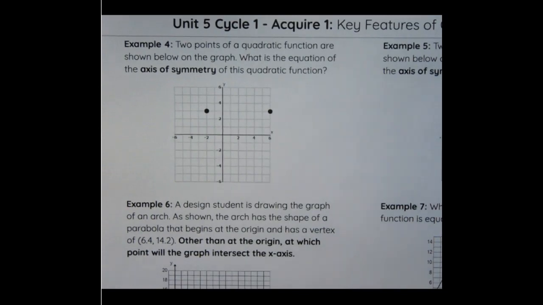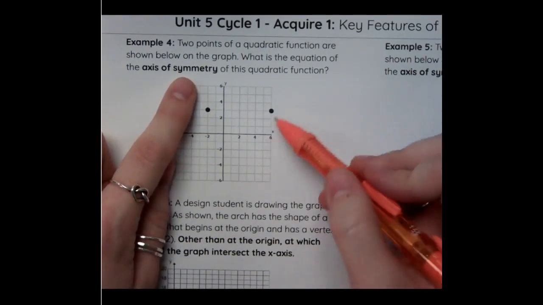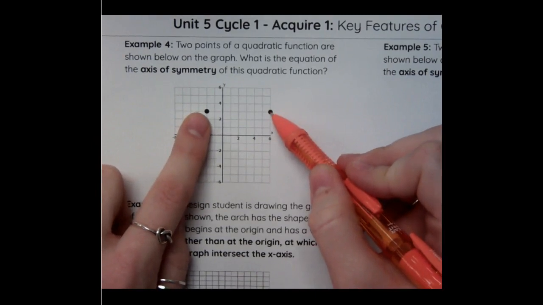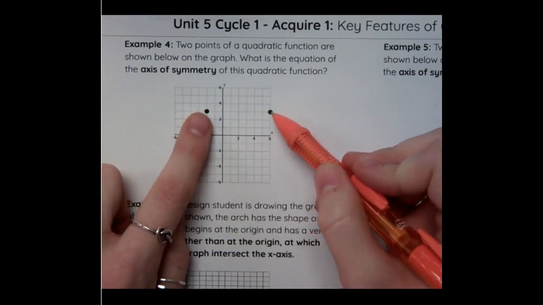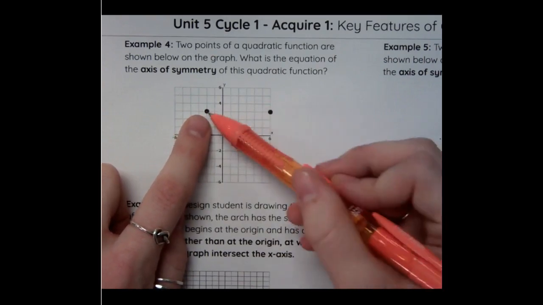For example, number 4: two points of a quadratic function are shown below on the graph. What is the equation of the axis of symmetry of this quadratic function? Well, we know that symmetry means same on both sides. I have two points on the same y value. That means if I were to fold over my graph, wherever I fold, this point should match.